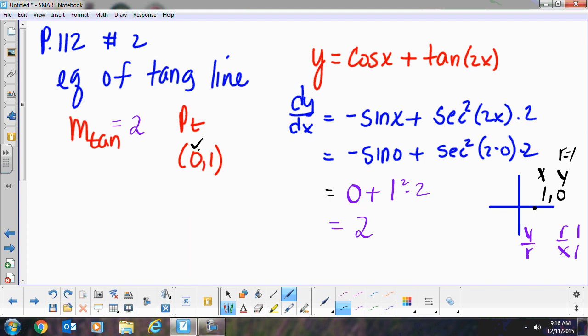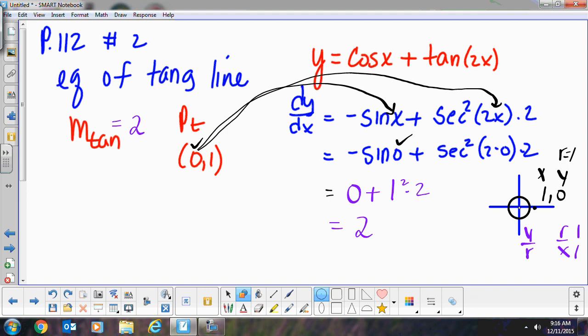The x value goes into my trig function, into my equation to get the slope. Does that make sense? If this were implicit differentiation, I'd be putting x and y in. So that means the angle is 0. And when I draw my unit circle at 0 radian, that is a radius of 1, and I haven't gone up or down. Is that cleared up?